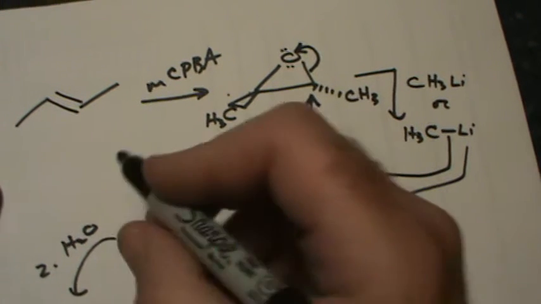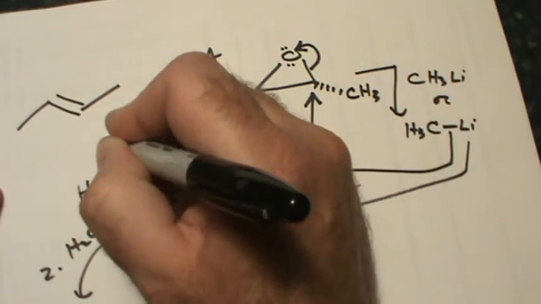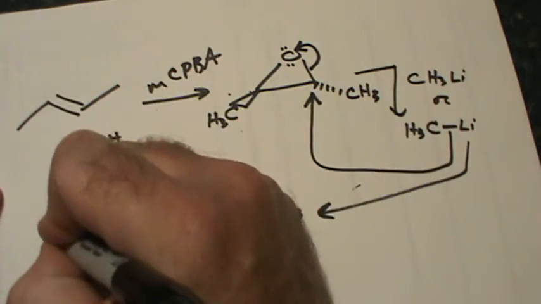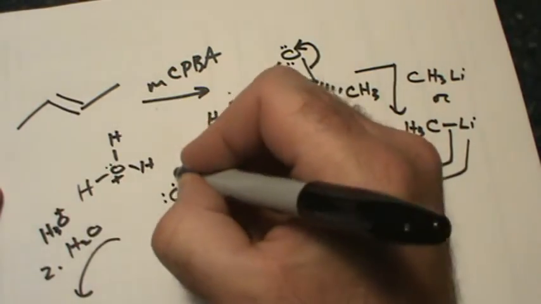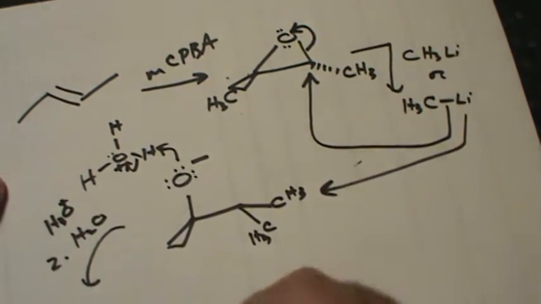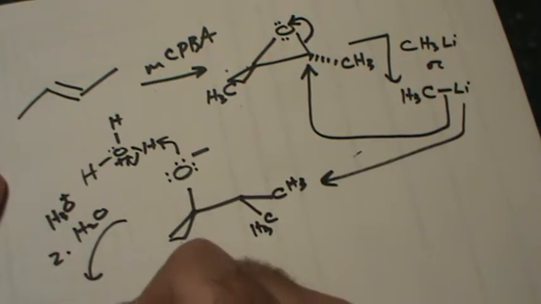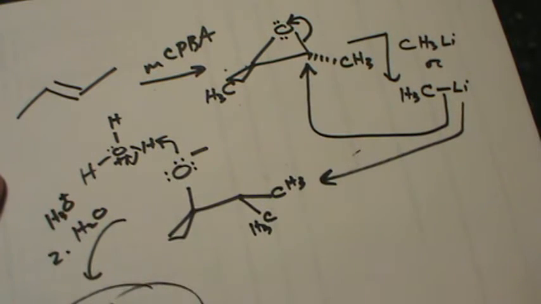And then in a separate second step, we can add water, probably as a mixture with some acid, H3O+, and that will simply protonate the alkoxide in order to give us our product, which would look like this.